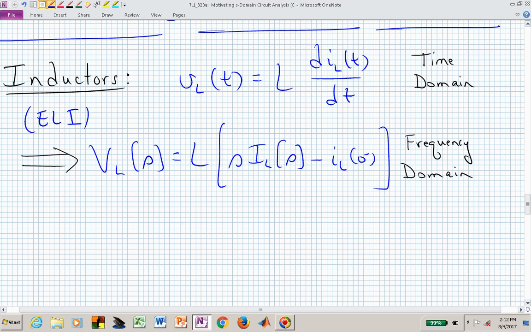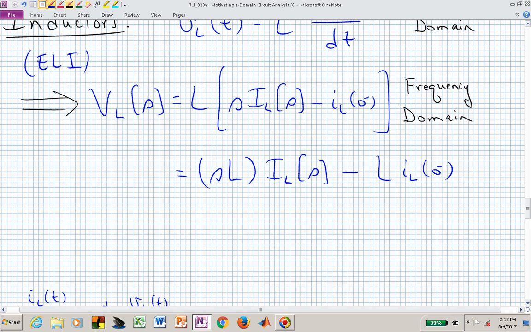and that's now our relationship in the S domain that relates the voltage and current of an inductor. And again, if we distribute the inductor value through both terms on the right, we see that we have SL times I sub L of S minus L I sub L of 0 minus.